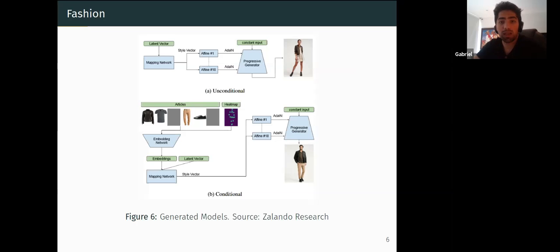Let's say we have some clothing articles that we want to showcase, and we add a heat map and the articles, and then we can almost generate a model from our generator.